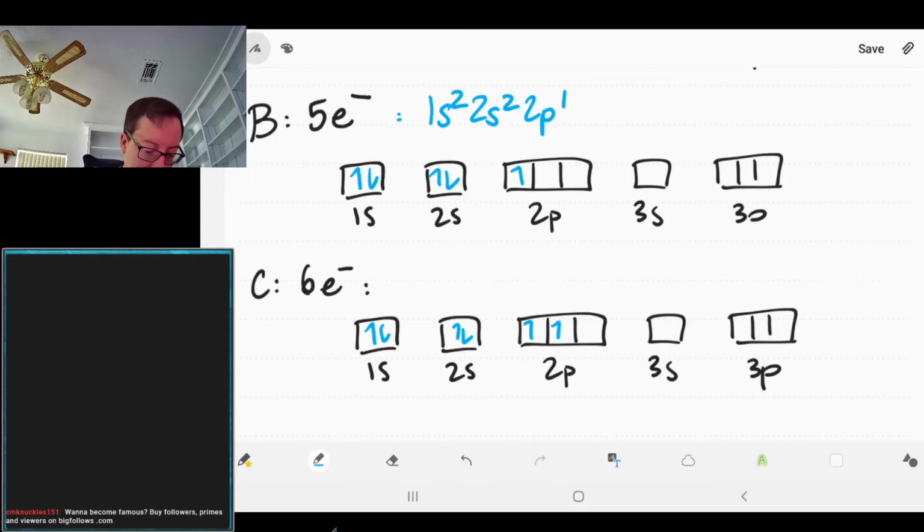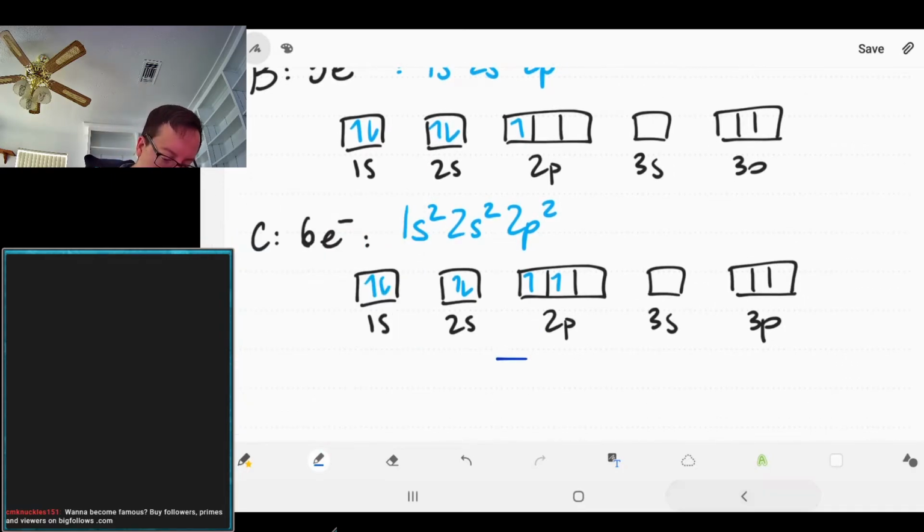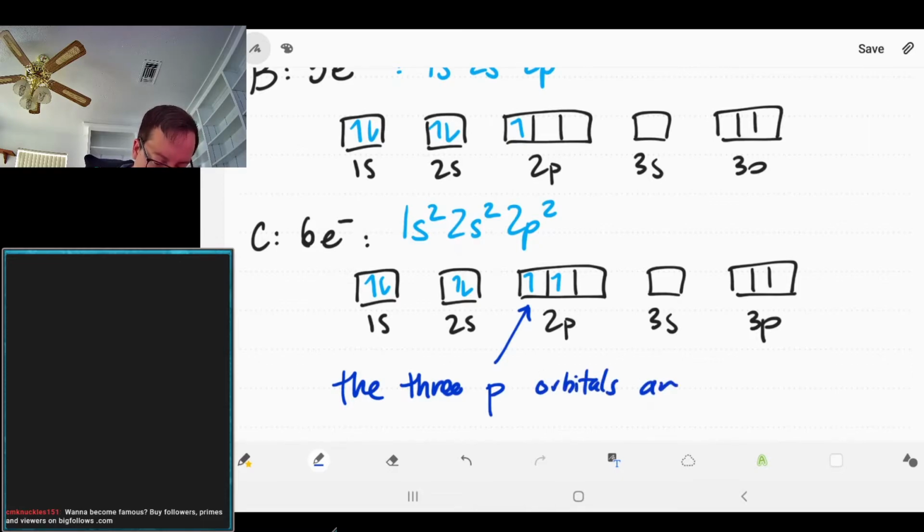Not to say carbon's magnetic, carbon does different things, but we'll deal with that later. If we still write this out, though, the configuration would be 1s2, 2s2, 2p2. We don't need to distinguish that the electrons are in different boxes in the P because of a new fancy vocabulary word, degenerate.